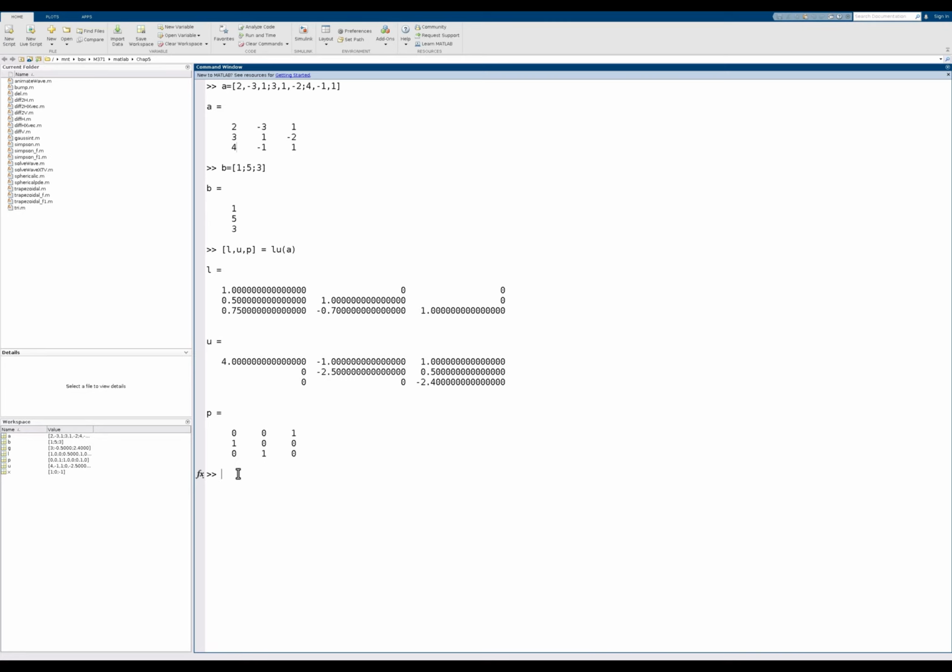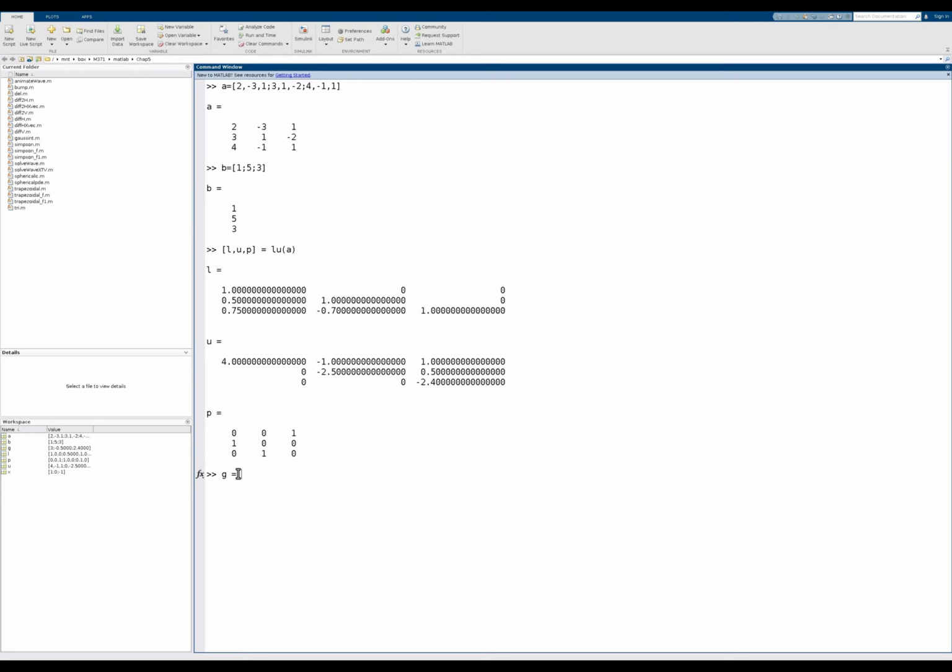Okay, so now recall that we have to take into account the pivot when we solve the matrix equation. So effectively now we're going to be solving LU times X equals PB, rather than just B. So first step is we define G. G is going to be equal to the solution when we solve the equation L times G equals PB.